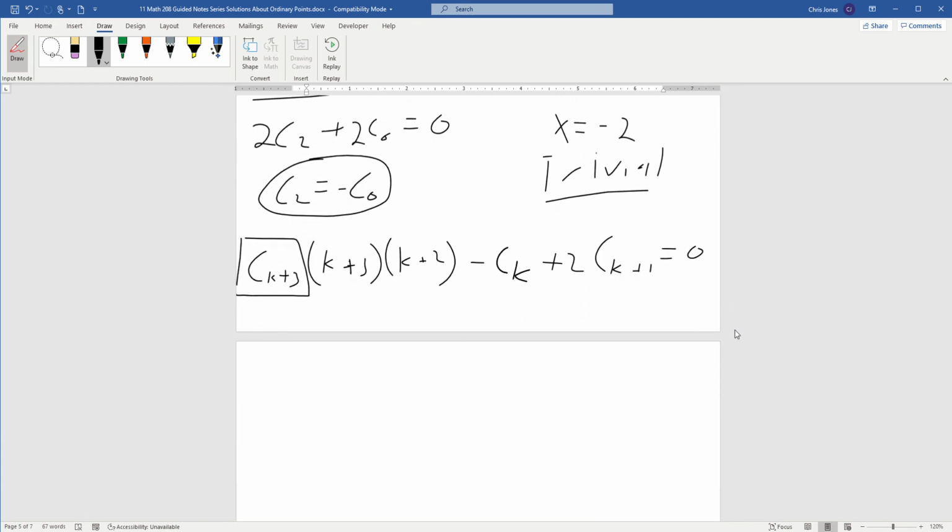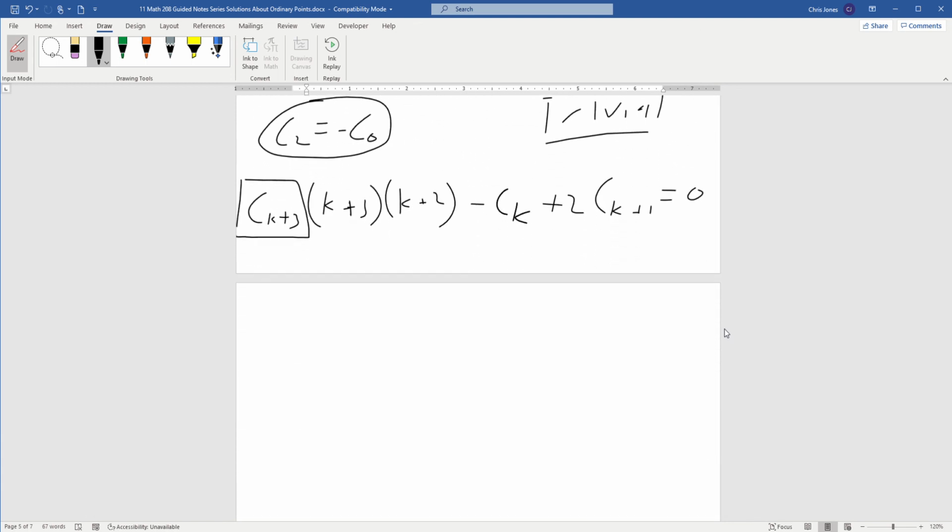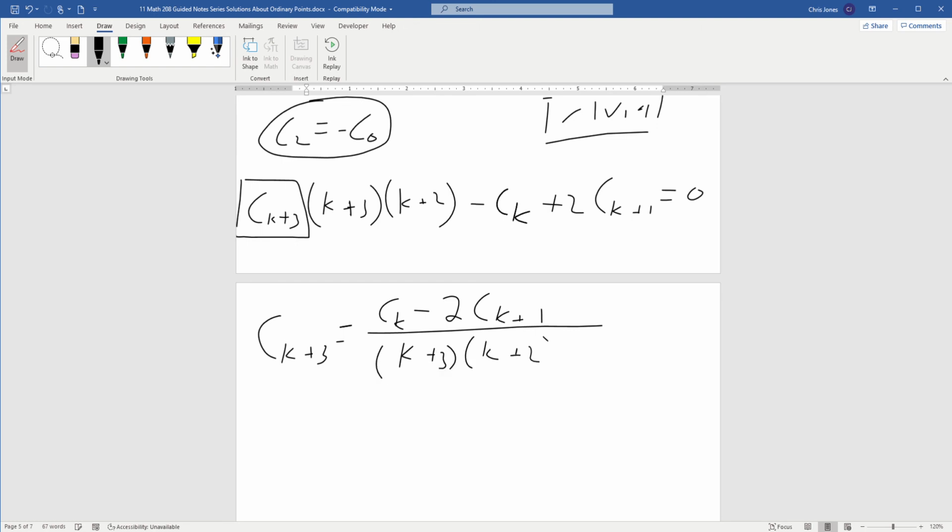That's what we do with all our recurrence relations. So if we solve this for c sub k plus 3, that's equal to c sub k minus 2c sub k plus 1, and then we divide that by k plus 3, k plus 2. We have to stop there because there's nothing else we can do to simplify it. So this is our generating function.